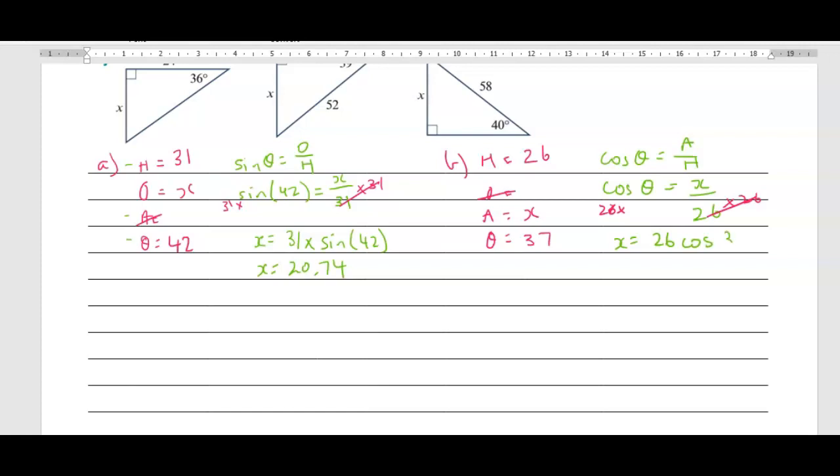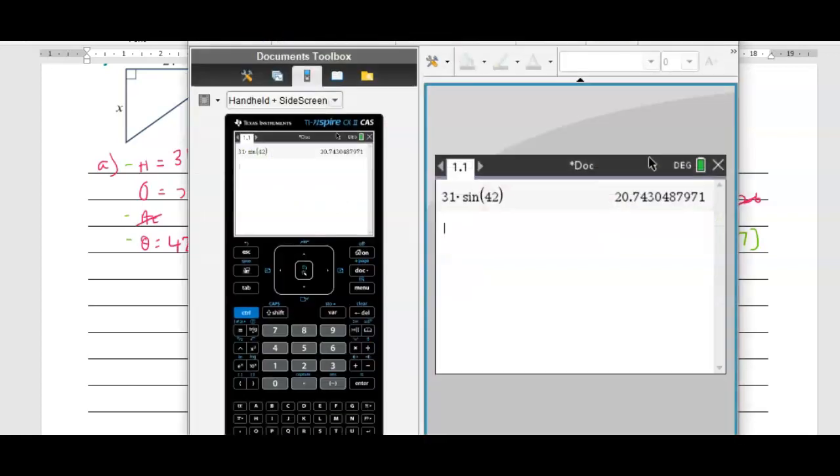I didn't substitute the 37 in there, but it should be a 37 there. Let's just put it in now. Okay, so then we put it into the calculator, 26 times cos 37, and to 2 decimal places we get 20.76.